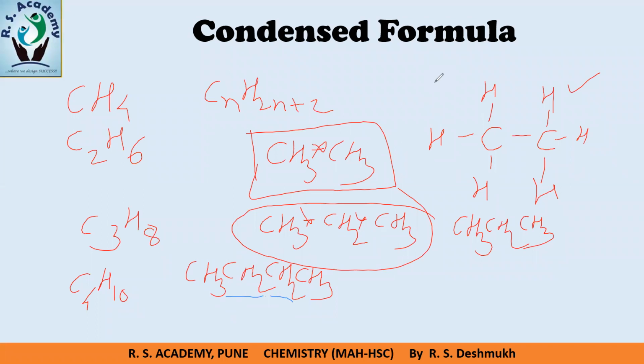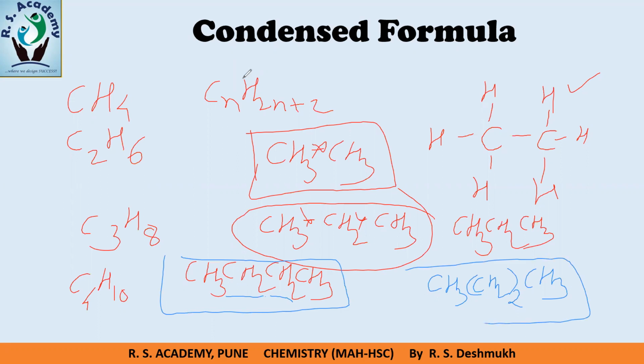CH3 is not repeating; one is at the start and one is at the end. So instead of writing this, I can write it one more way. How can I write it? I can write it as CH3(CH2)2CH3, because the CH2 group comes twice. So in this case, both the formulas are condensed formulas. I can use this as well as this.